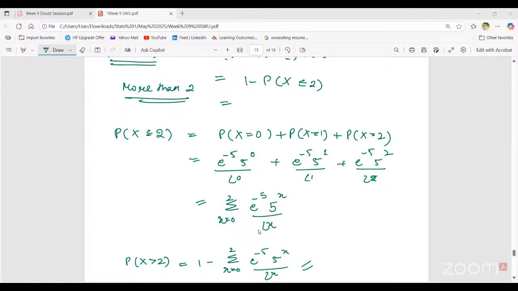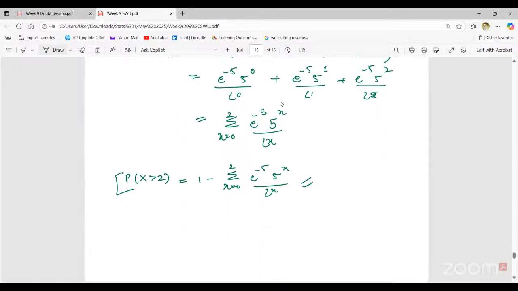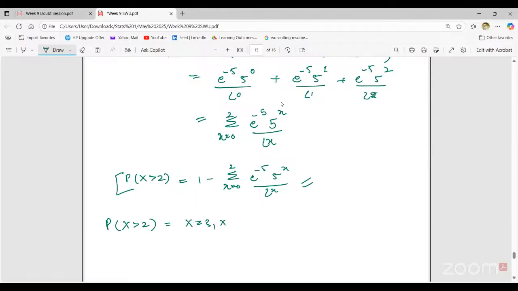Probability of x greater than 2. The last point, you're asking about this point. See, probability of x greater than 2 is basically considering all the values that x is taking: 3, 4, 5, and so on.